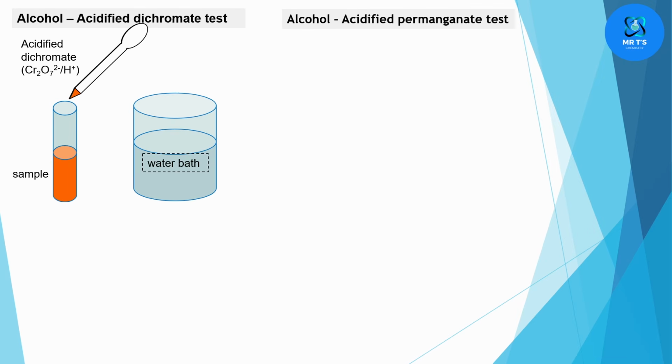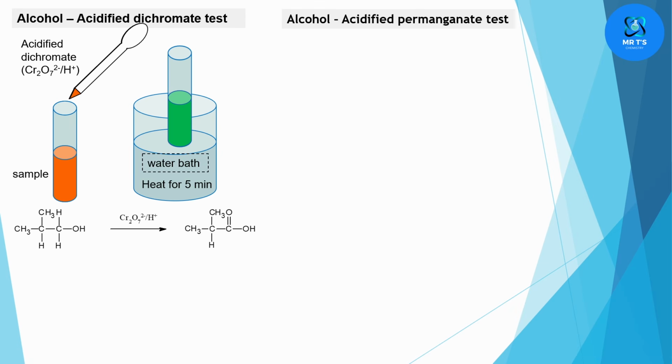It's orange for a start. We place it in a water bath for about 5 minutes. Sometimes it reacts quickly, sometimes it needs a bit of heat to make the reaction happen, but it will go a green-blue color. It will start becoming more green and then eventually become green, and if you leave it long enough it'll go a bluer color.